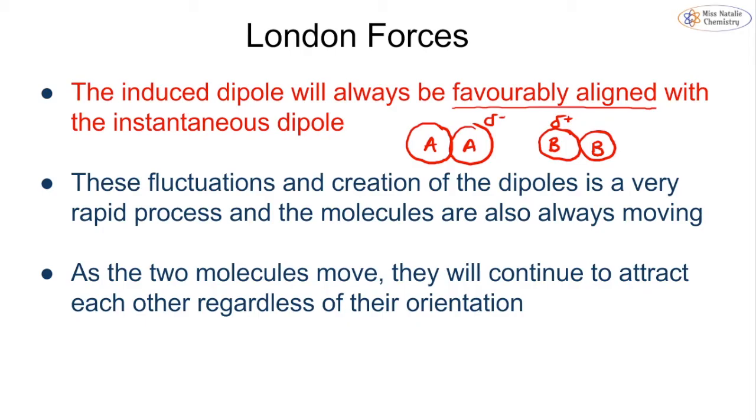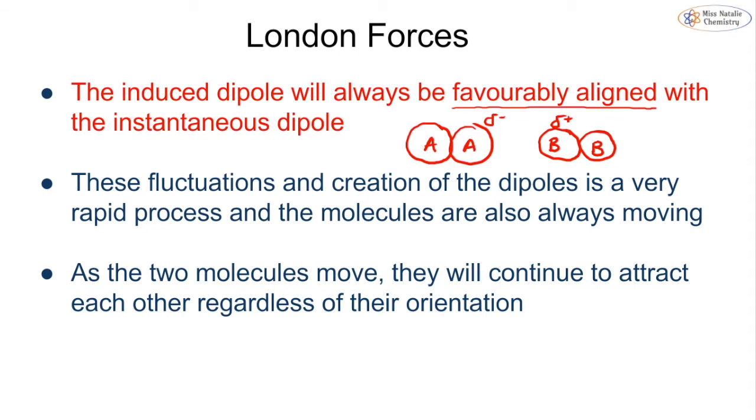And these fluctuations will only happen very, very quickly and in small time frames. So this fluctuation of this electron density always moving creates dipoles very quickly and then causes the dipoles to stop. So we're getting this fluctuation and creation of dipoles, and the molecules are always moving.